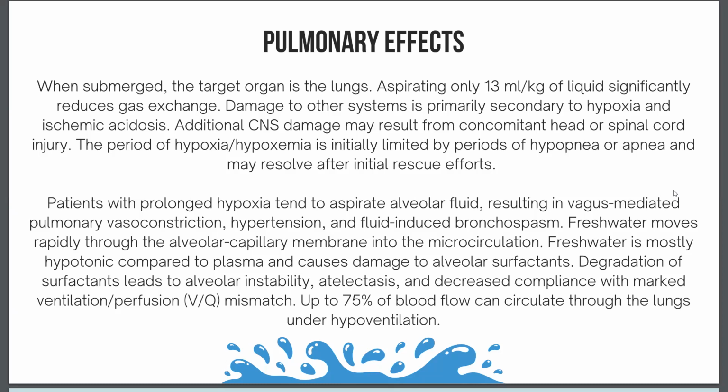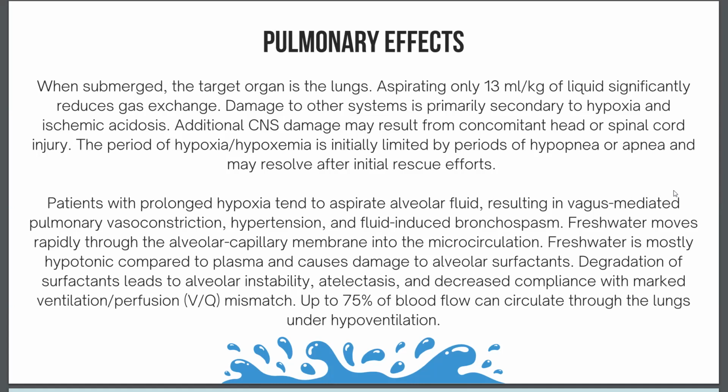Additional central nervous system damage may result from concomitant head or spinal cord injury. The period of hypoxia and hypoxemia is initially limited by periods of hypopnea or apnea and may resolve after initial rescue efforts.